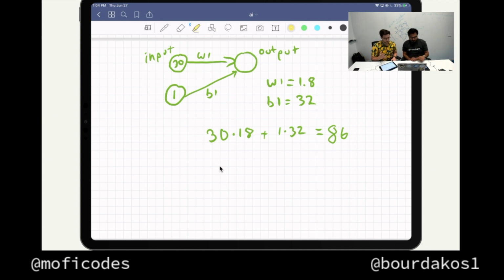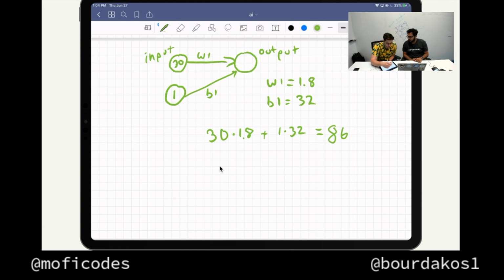I'm going to show you how to actually train this to get these values. When we put this 30 in, it gets multiplied by 1.8 plus the bias times 32. That gives us 86 degrees Fahrenheit. So put in 30, we get 86 back.